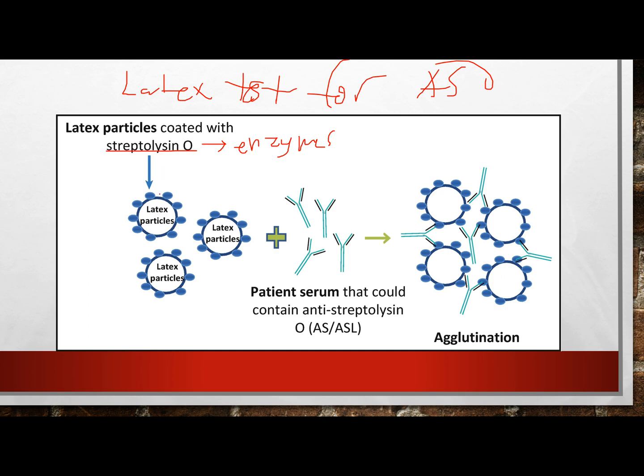So we have your streptolysin O attached to latex particles. You add your patient serum that contains anti-streptolysin O. If the patient is positive for streptolysin O, it would now form an agglutination. So take note of that. But if the patient is negative, there is no agglutination or clump.